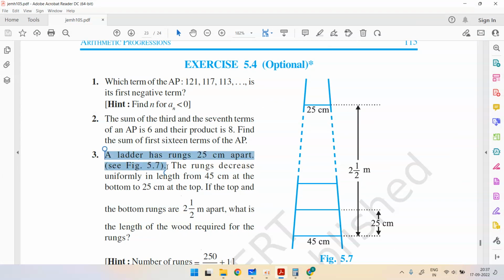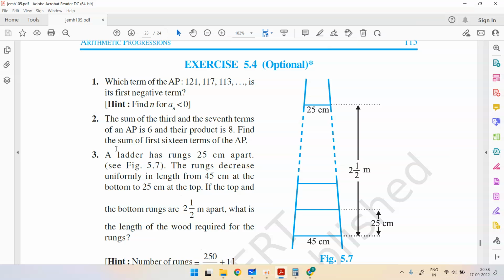Now the next question: a ladder has 26 rungs 5 centimeters apart. The rungs decrease uniformly in length from 45 centimeters at the bottom to 25 centimeters at the top.